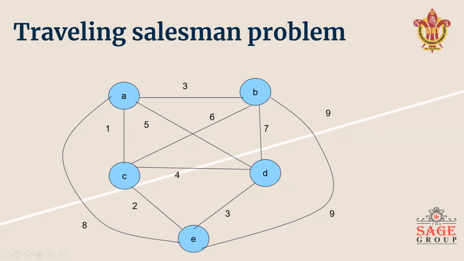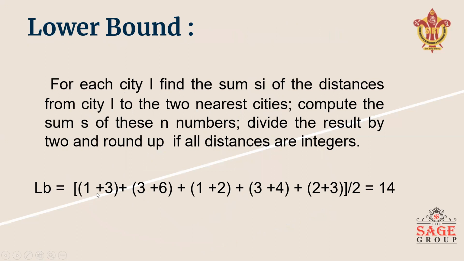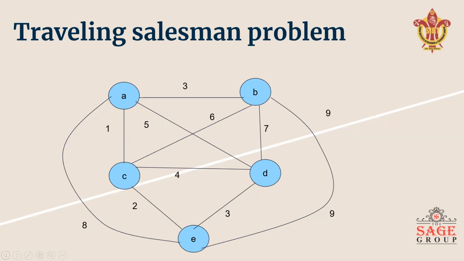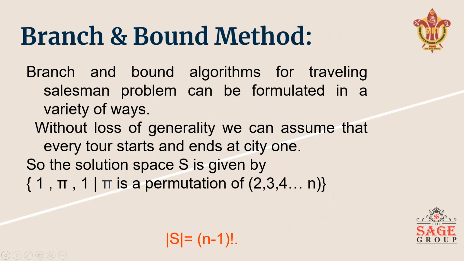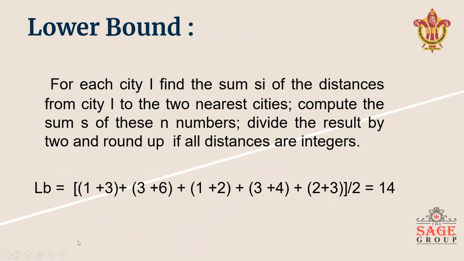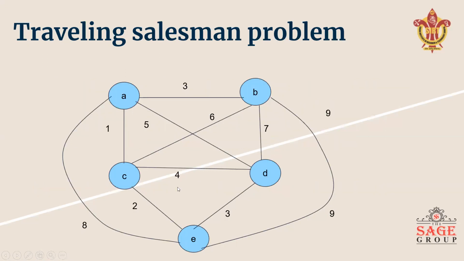So we are taking 1 plus 3 for calculating the lower bound by node A. Okay, for B, as you can see, which are the two shortest paths emerging from city B, 3 and 6. So here you can see 3 plus 6 for B node. Now next for C, you can see 1 plus 2.